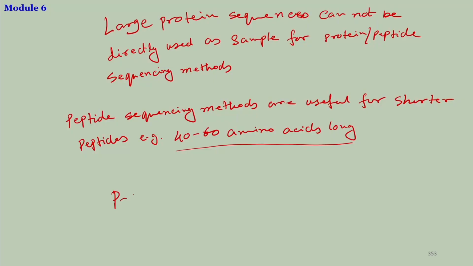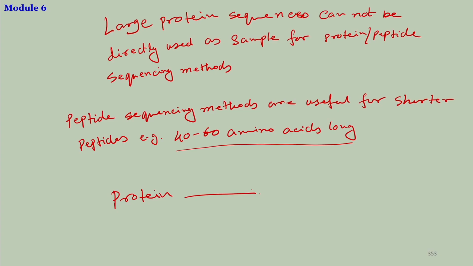The idea is, if you have a full length protein, you have to break it down into short pieces of peptides, maybe 40 to 60 amino acids in length.